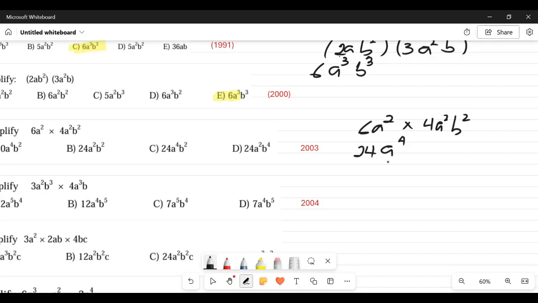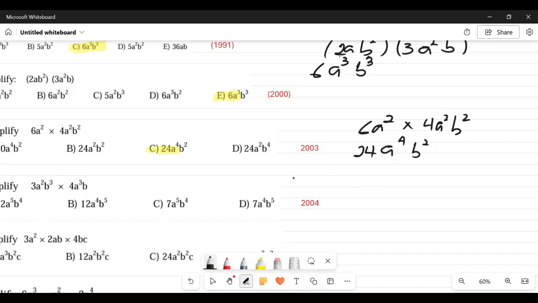We just add the exponents. And then we don't have any partner for b, so we just attach it here. So we have 24, a exponent 4, b exponent 2. So we've gotten the answer. That's option C, yeah, that's option C. So option C is the correct answer.